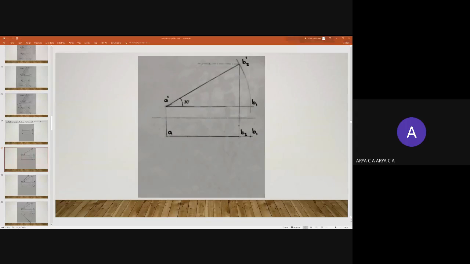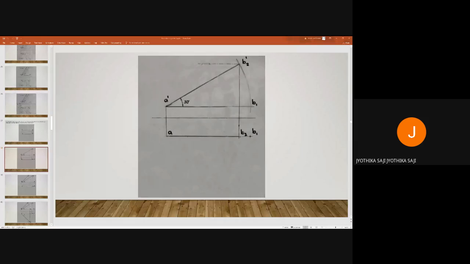What is the length? 79 mm. Okay. Gauri, what is it? 74 millimeter. 74. Jyotika, what is the plan length?